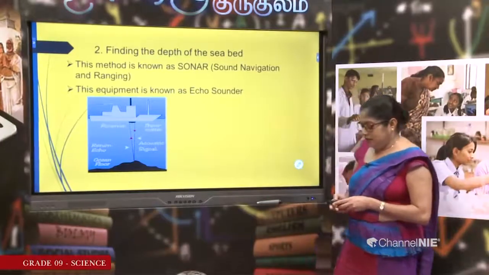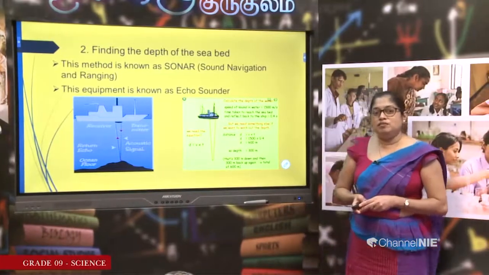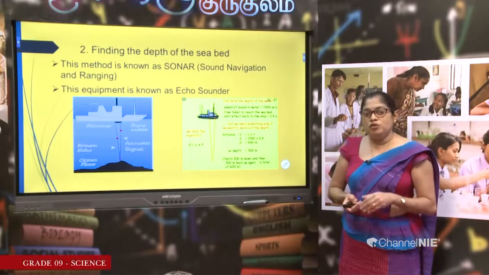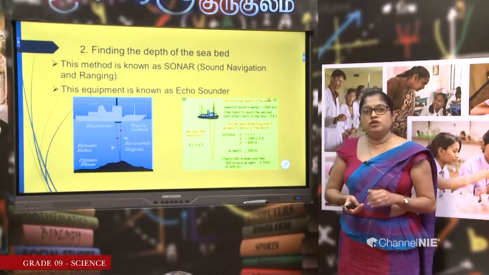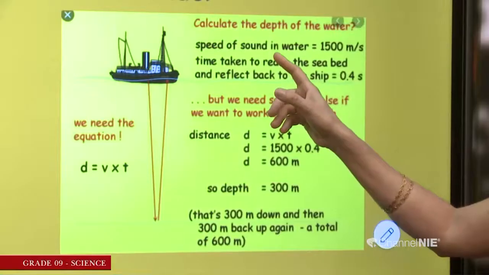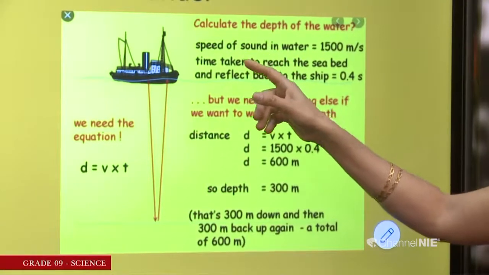So, the echo sounder can measure the time taken for the ultrasound wave to go down to the sea bottom and to come back. Let us see how to calculate the depth of the seabed. For this calculation too, you need to know these values. As I told you, the speed of sound varies with the medium.